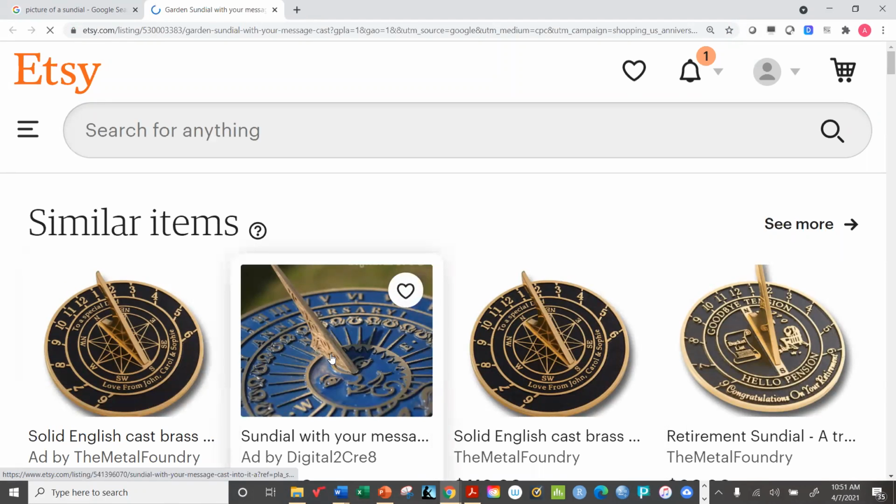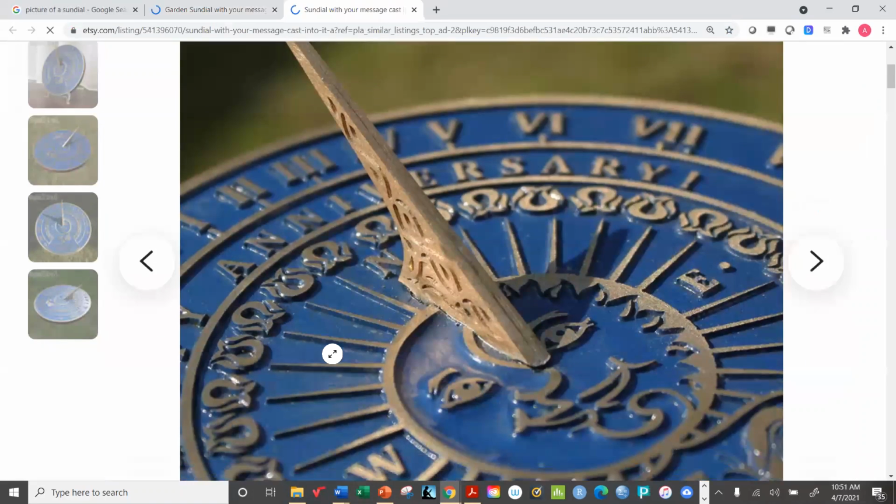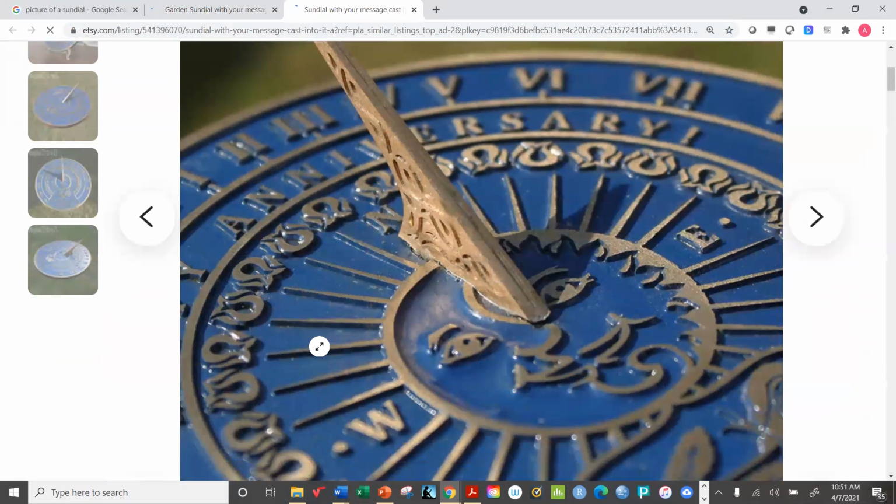We look at the shadow. And what direction does that shadow move as the day evolves? It goes in this direction in the northern hemisphere where sundials were invented. Okay, this is the direction that the shadow goes.